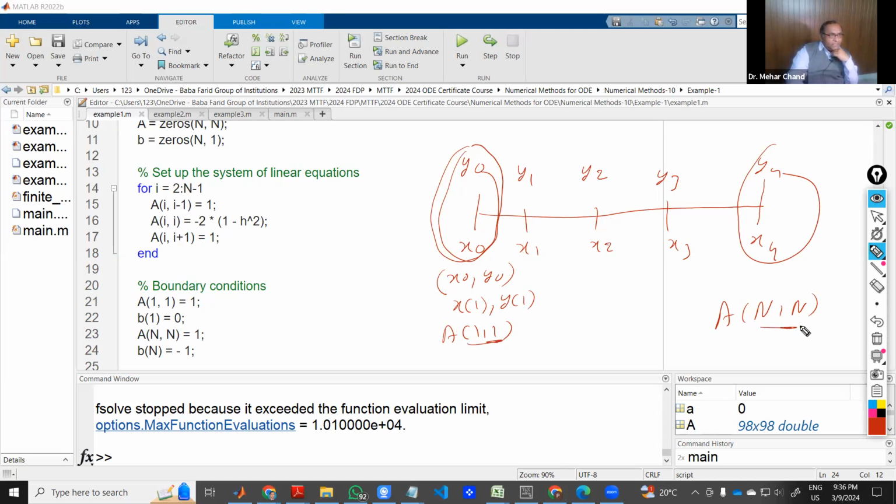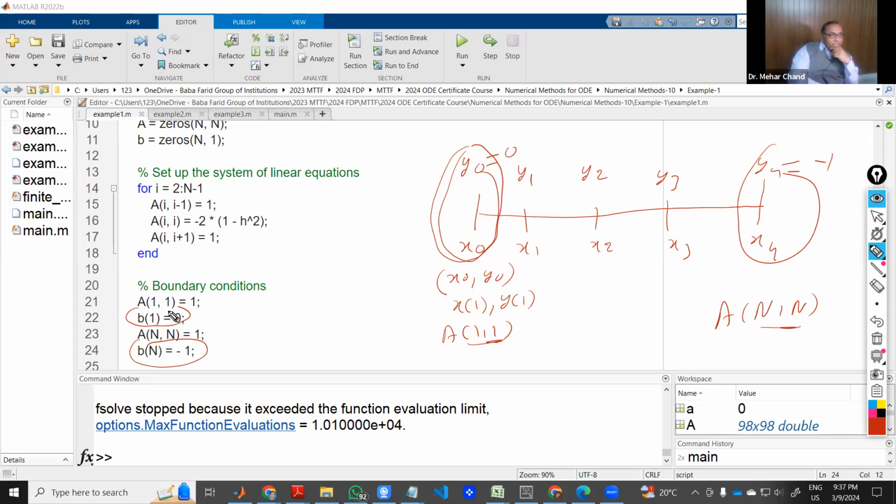Sorry, the boundary values. Okay, boundary conditions. A11 is equal to 1, and for the value of B1 we have 0. So this is Y0 equal to 0, and this value Y4 is -1.